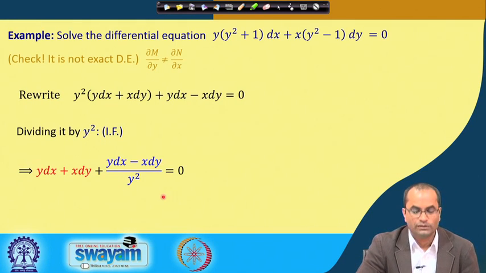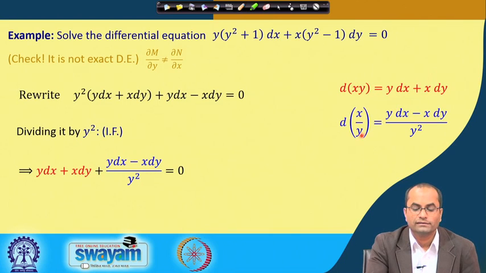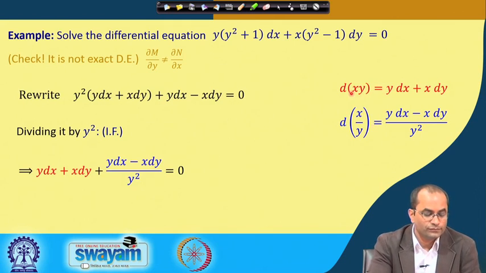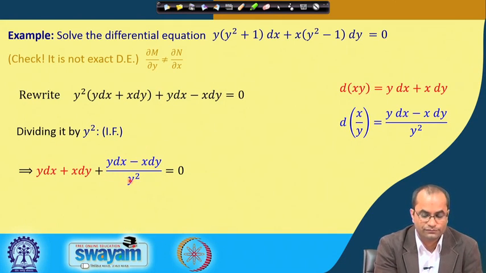Just to recall from the previous slide, the differential of xy is y dx plus x dy, and the differential of x over y is y dx minus x dy over y squared. So, we can use these two differentials, keeping in mind that this is the differential of xy and this is the differential of x over y.